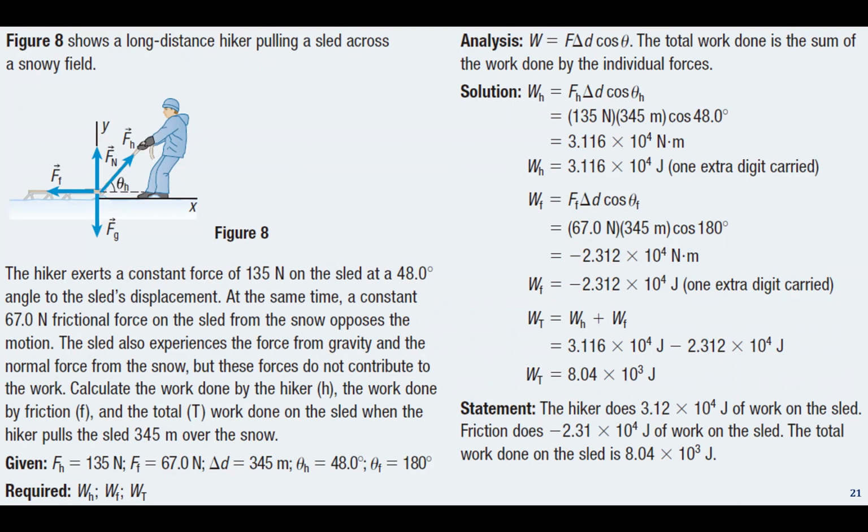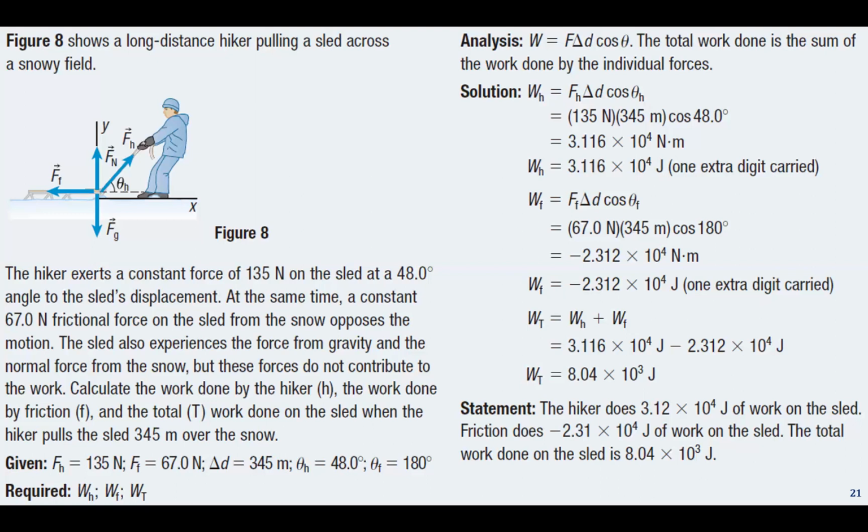And the magnitude of the displacement, delta d, equals 345 meters. And the angle between the hiker's force and the displacement is 48 degrees. And theta F is 180 degrees, which is the angle between the frictional force and the displacement.